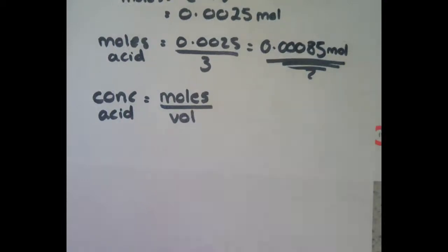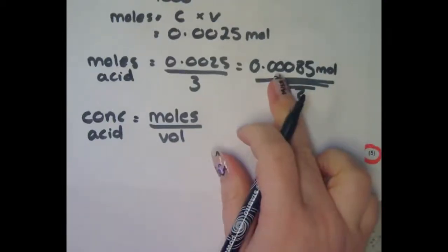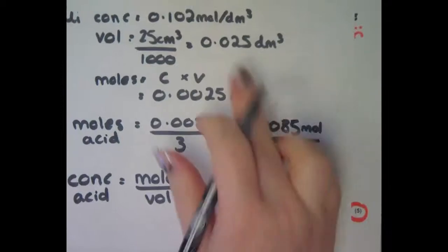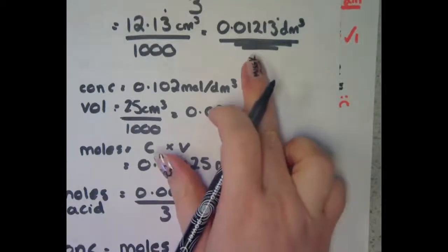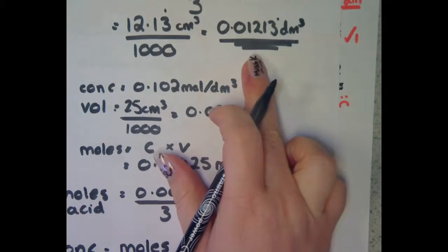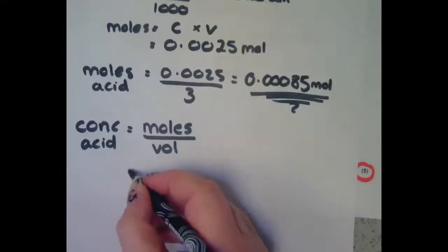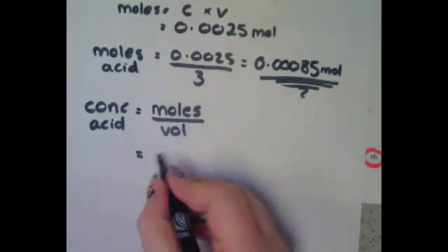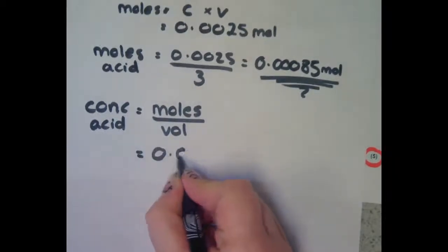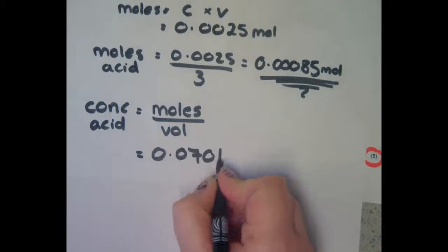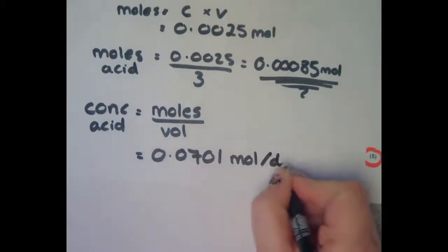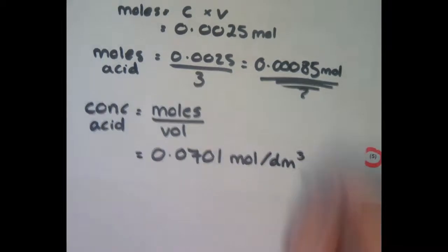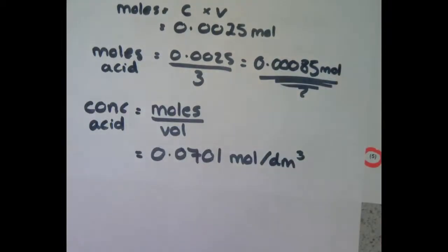I'm going to do the 0.00085 divided by my 0.01213 decimetre cubed. When I do that, I get 0.0701. My units would be moles per decimetre cubed. And that is the answer that you are expected to give.